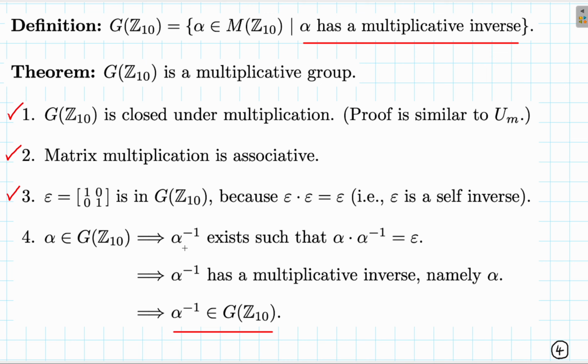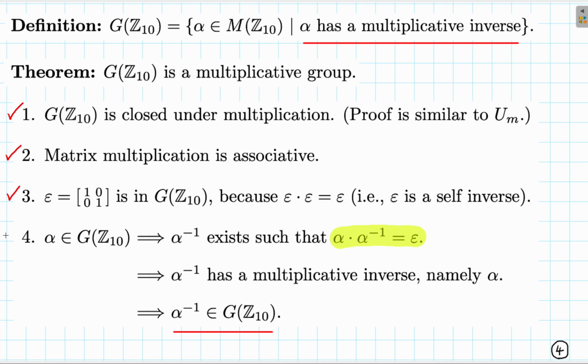And so how do we argue that alpha inverse exists in G of Z10? Well, we have to show that alpha inverse has a multiplicative inverse, but it does. This relationship right here, alpha times alpha inverse is the identity, tells us that alpha is the multiplicative inverse of alpha inverse because they multiply together to be the identity. And therefore, alpha inverse has a multiplicative inverse, namely alpha, and therefore alpha inverse is an element of G of Z10.